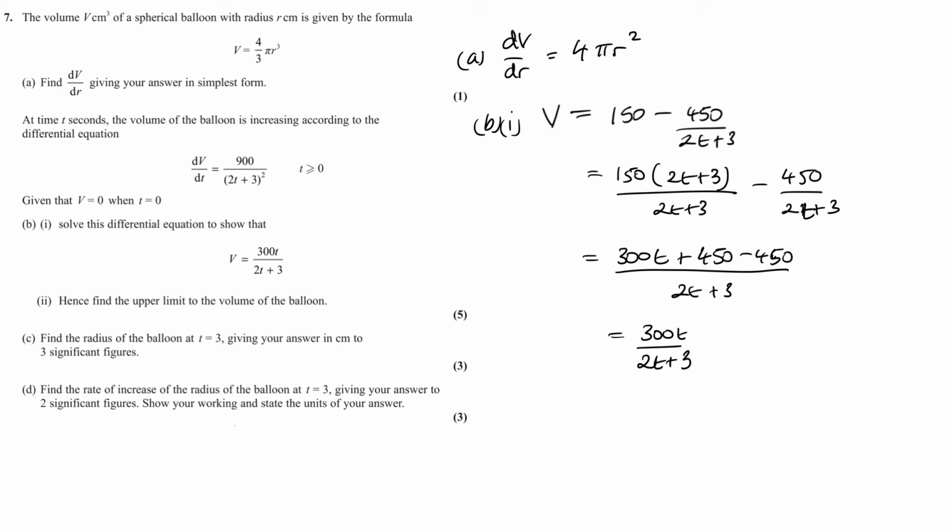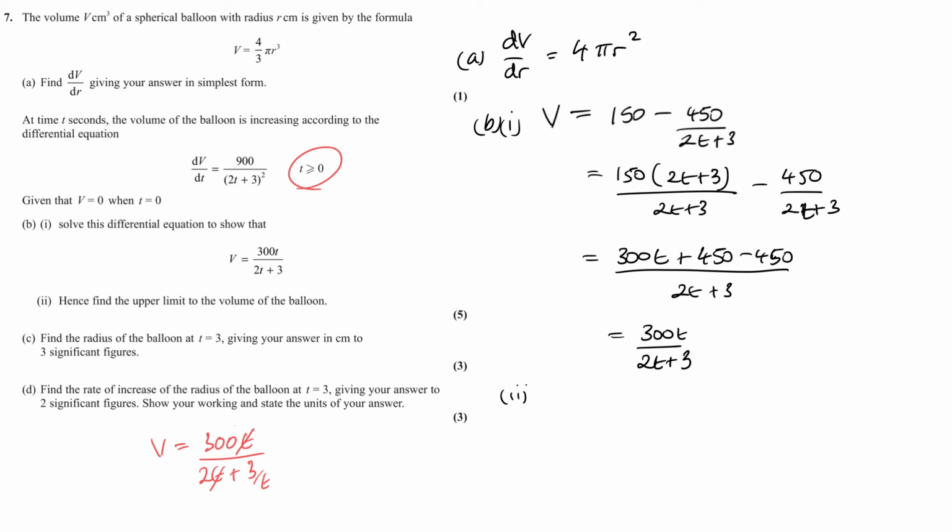Perfect. So, part 2, find the upper limit of the balloon. Okay, so I'm going to show you a little trick for this upper limit. So this is what we've got, 2t plus 3, because we've got fractions here. Now, imagine dividing each term by t. Yeah, and it works because we've got this.